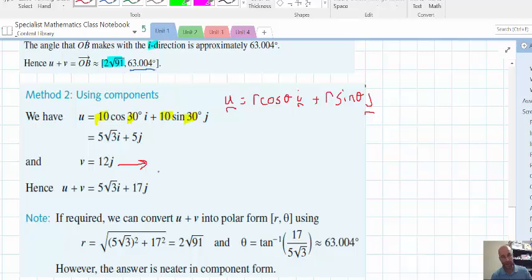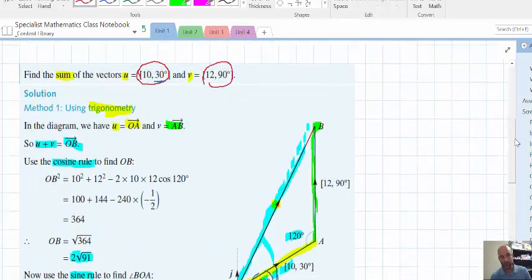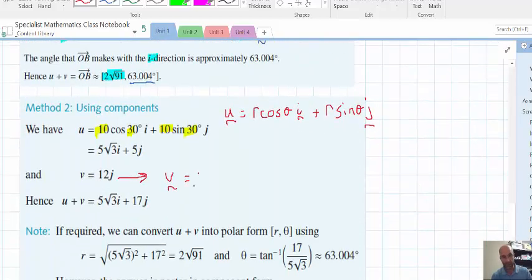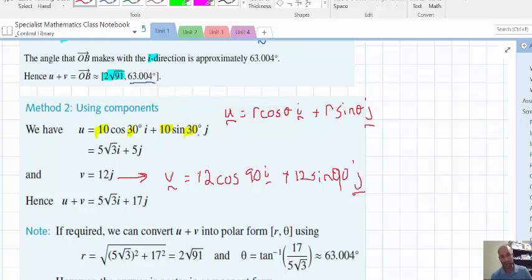Now you might notice that it's just 12j there. v would be, r was 12, so it would be 12 cos 90 i plus 12 sine 90 j.